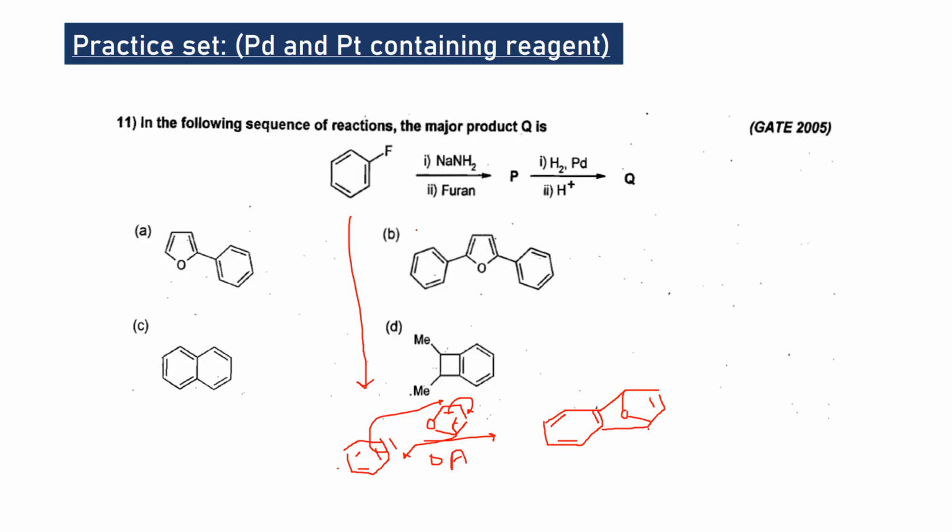In presence of H2/Pd, there is a hydrogen atom here. So this goes here. This gets removed from this and it opens up. So as a result, we get naphthalene as our product.